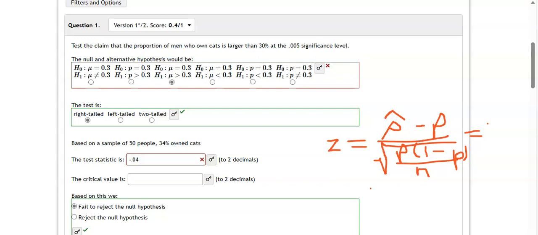We'll have 0.34 minus 0.3, which is our proportion from right up here. And then on the bottom, we'll have the square root of 0.3 times 1 minus 0.3, which is 0.7, over the number in our sample, which is 50.